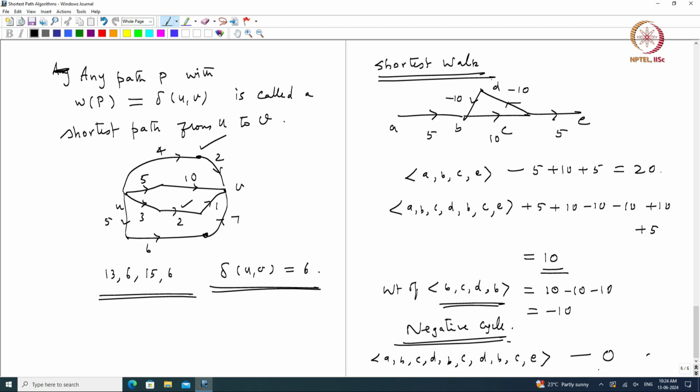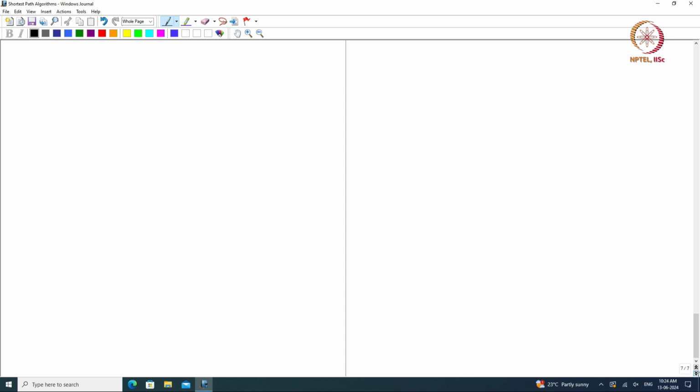Further reduced. Earlier it was 20, when you go once it became 10, when you go twice it becomes 0, you go again and again it will become minus 10, minus 20, minus 30. So, you can have walks with more and more edges, but when you add the cycle of edges, the weight reduces by 10, therefore we will have the minimum to be minus infinity.